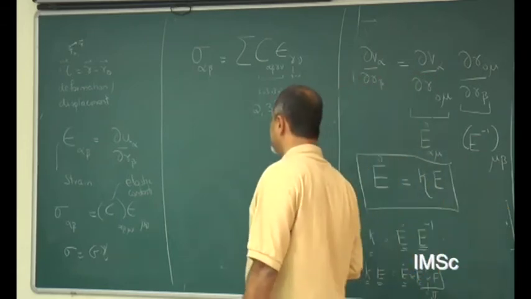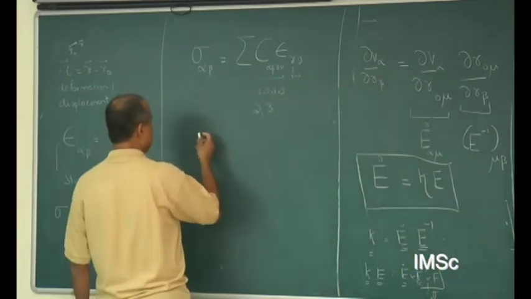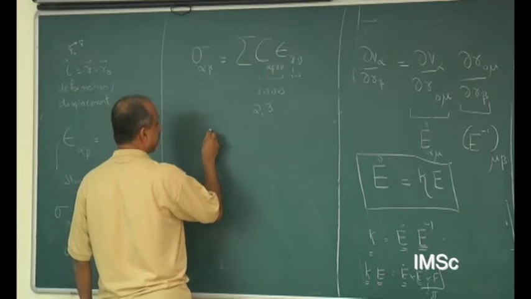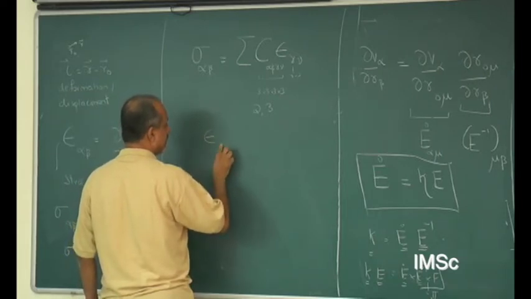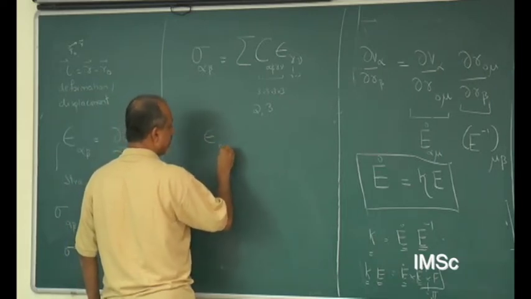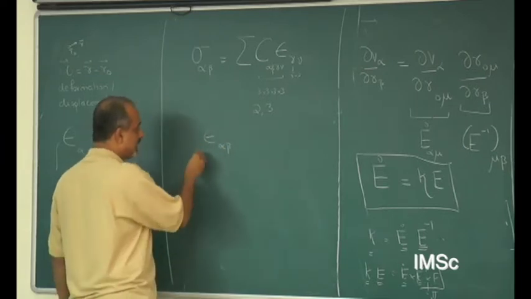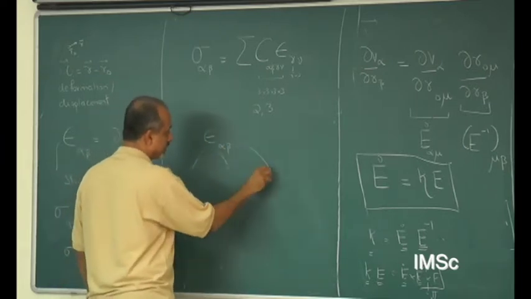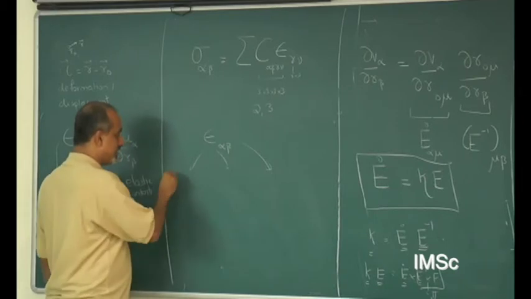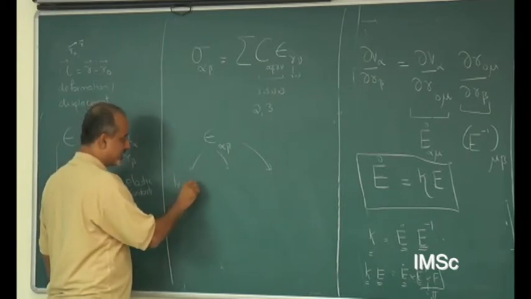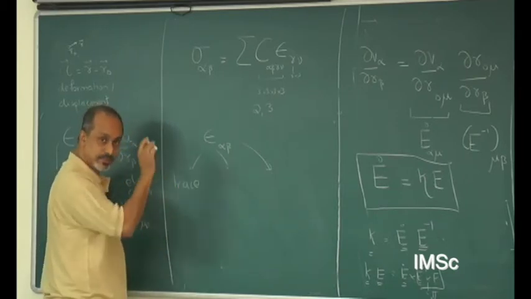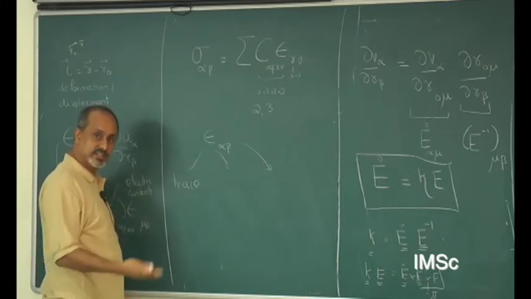So let's just use some result that any tensor, let's say epsilon alpha beta, can be split up into 3 parts. One is the trace of the tensor, which is the sum of the diagonal elements that it contains in whichever basis.